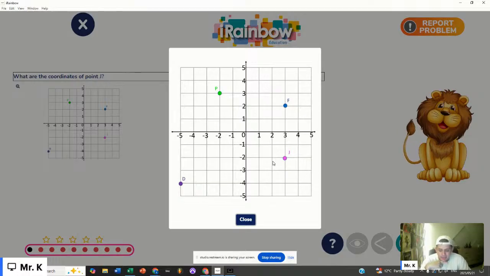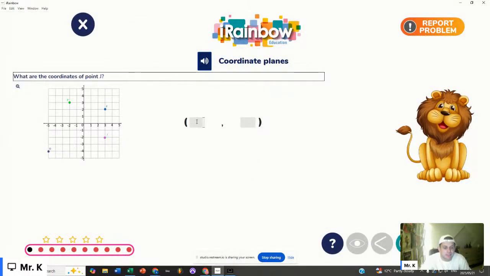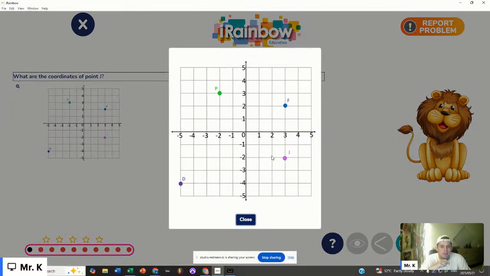If we want to find its coordinates, we need to find the x value first and the y value second, right? To find the x value, we line up with the x axis, and we can see that we line up with positive 3 on the x axis. So we can fill that into the first part of the coordinate. What is the y value of point J?